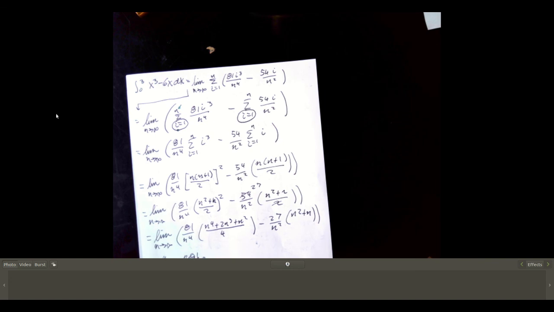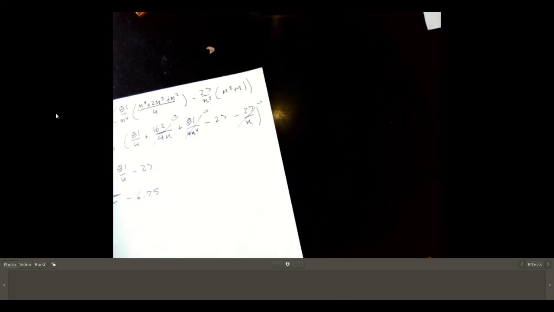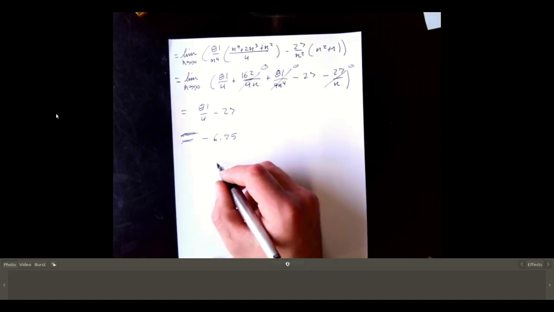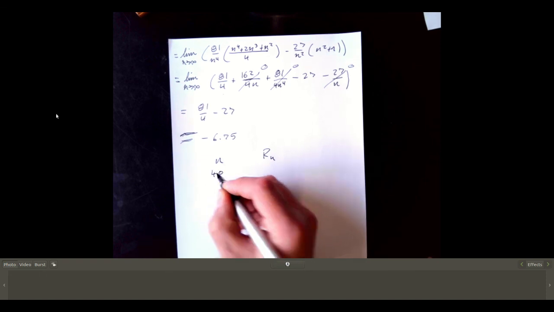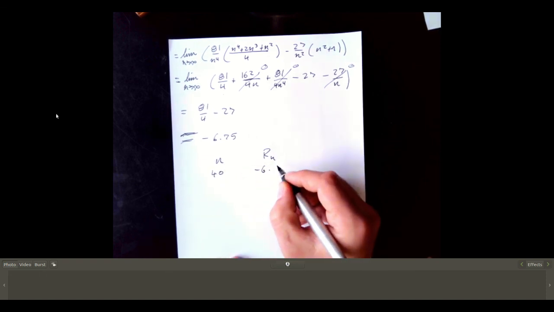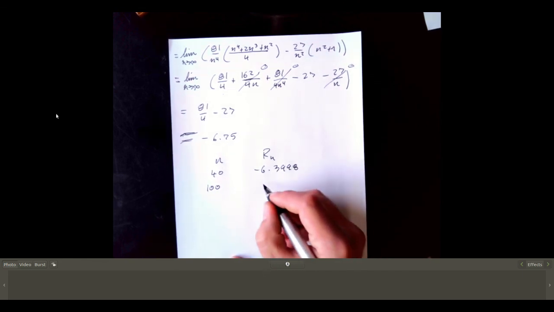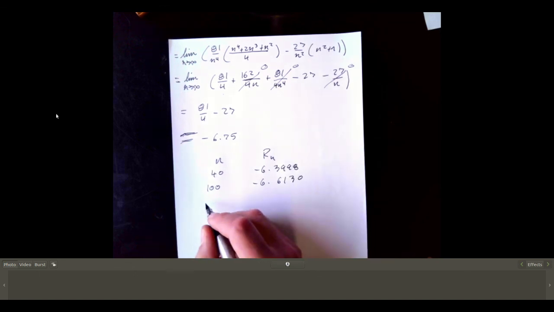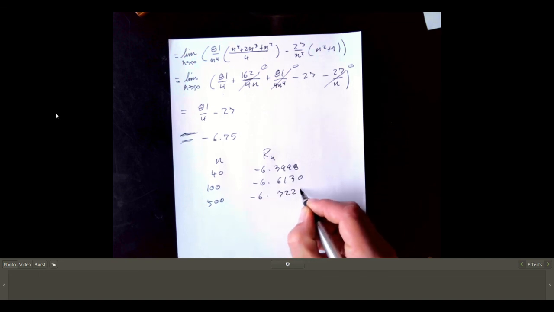And also, this number seems pretty far away from the number that we had approximated. But let me write this down. For n and our right sums, when n is 40, we get negative 6.3998. When n is 100, we get negative 6.6130. When n is 500, we get negative 6.7229.